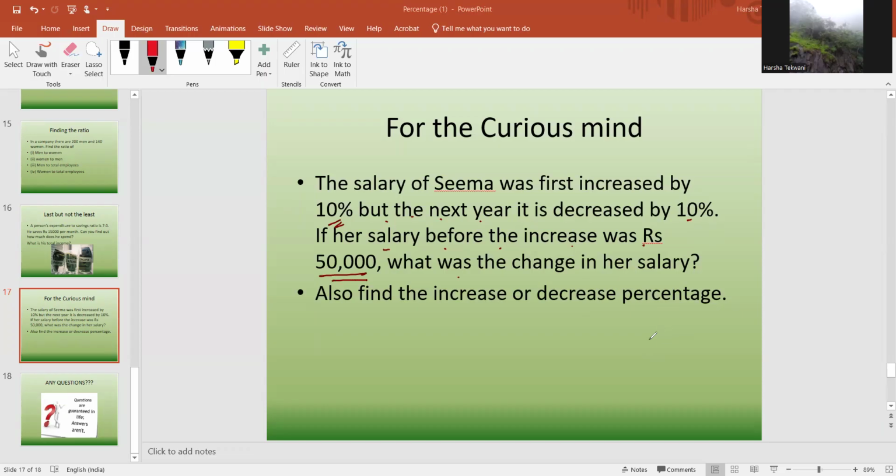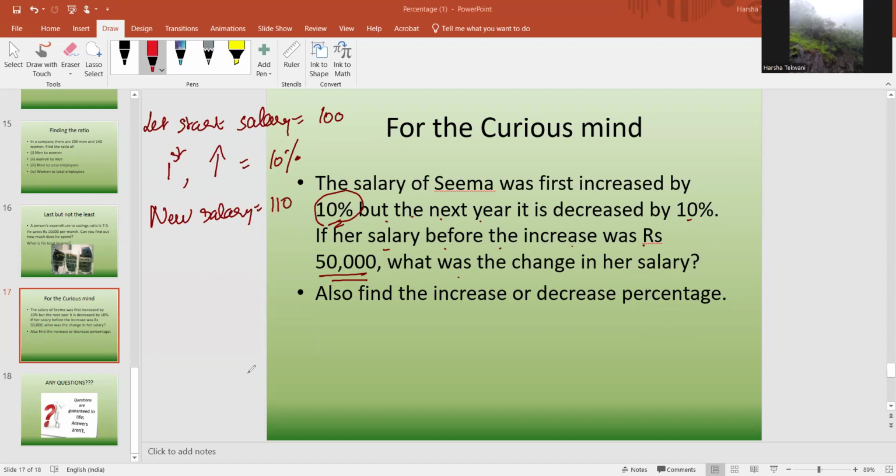So, I used to do this as a child, the 100 rupees method. Let our starting salary be 100 rupees. First, a 10% increase happened. So new salary is 100 plus 10% of 100, 110. Now the next year it got decreased by 10%.